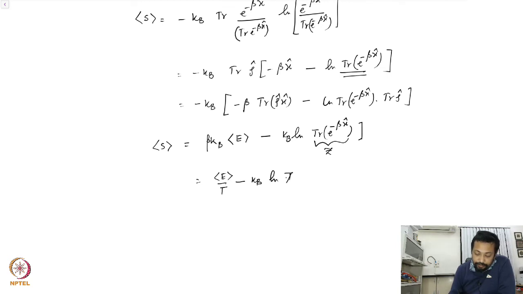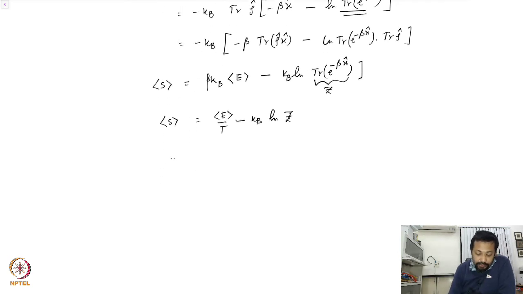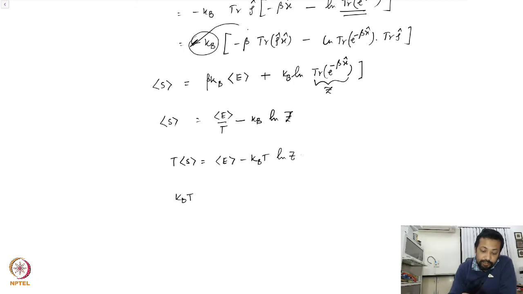So this is nothing but the average of E minus kB T ln Z, which is T times the average of S. Wait a minute, this has to be a plus sign over here, because minus kB is being taken inside, and therefore this becomes a plus.